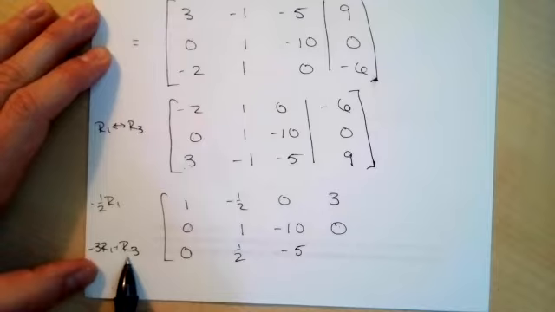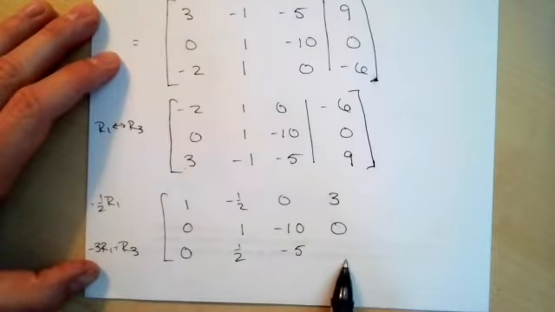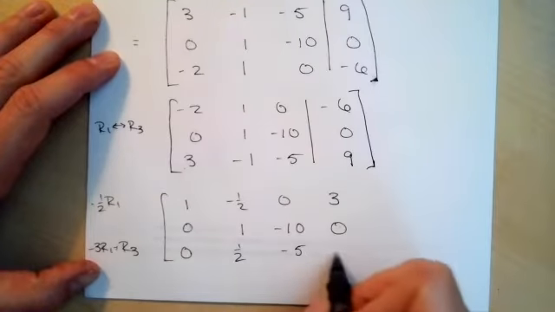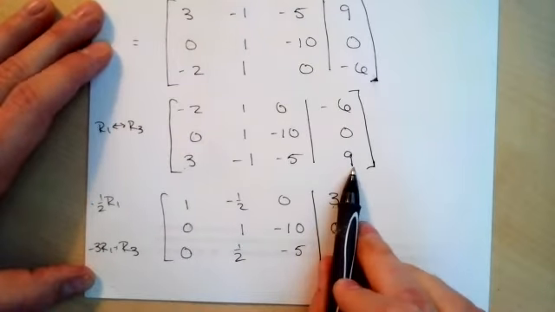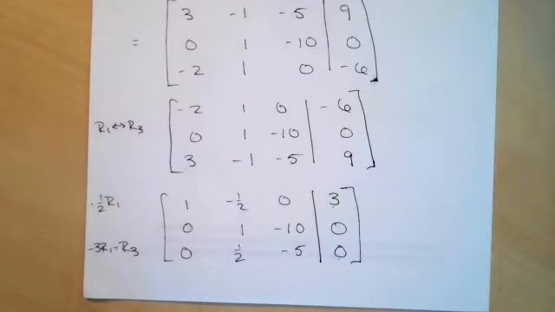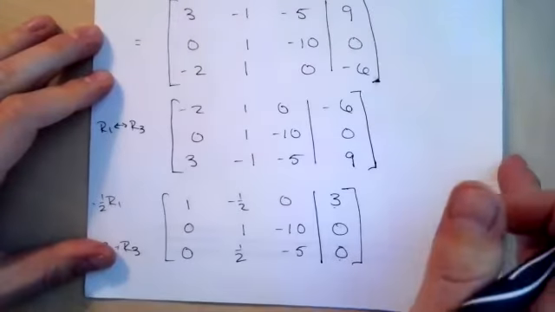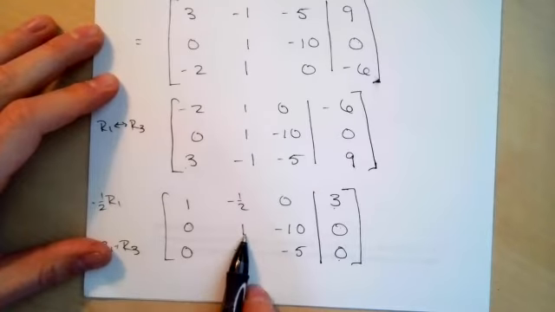And then minus 3 row 1 plus row 3 will give us 0. So we've got minus 3 times that 3 plus that 9 in row 3. And now we've got the first 2 rows in row echelon form, a 1 and a 1.